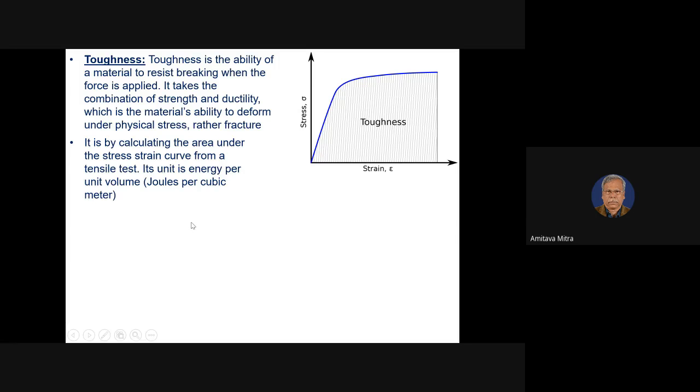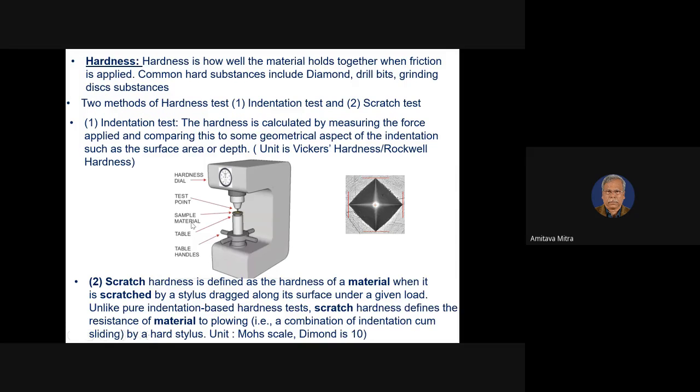So we told you another parameter, which is hardness. Hardness cannot be measured directly. Hardness is how well the material holds together when friction is applied. Common hard substances include diamond, drill bits, grinding discs, etc. There are two methods of hardness measurement. One is called indentation. There is a sharp tip here, and you place your material here.